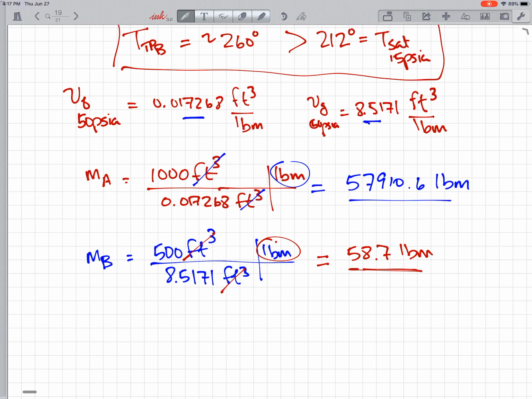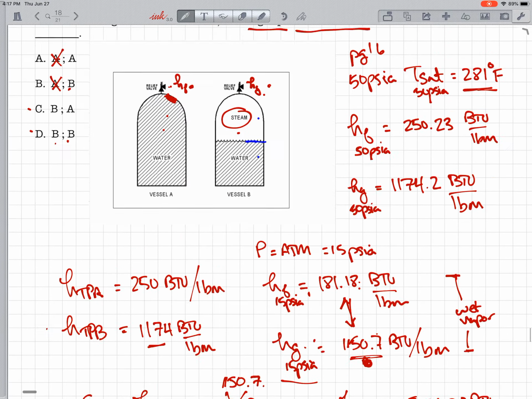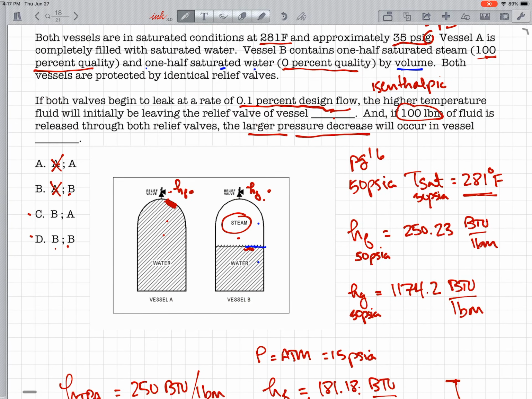So we are taking all the initial steam from Bravo, and then 41.3 pounds mass of the water is going to have to flash.